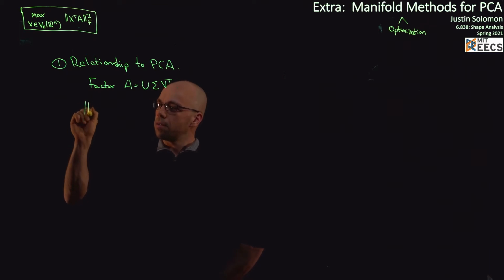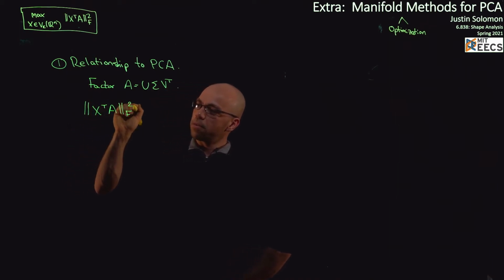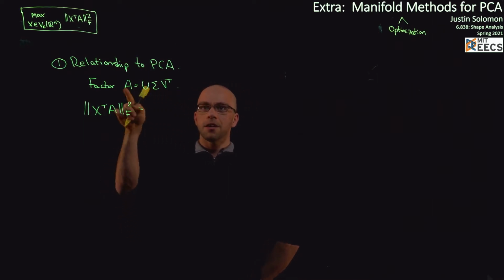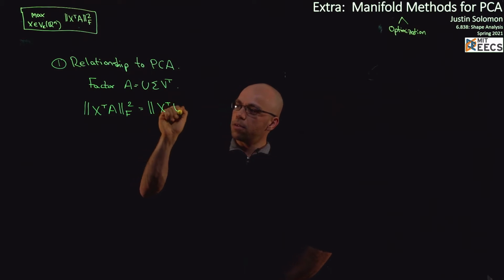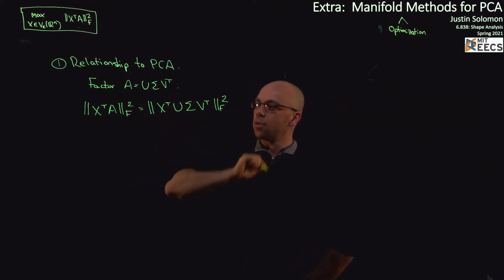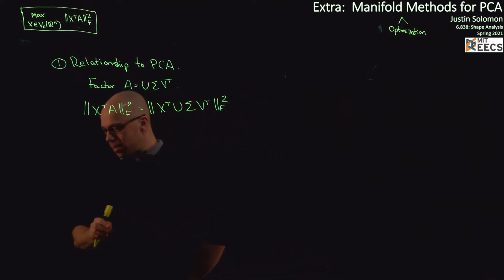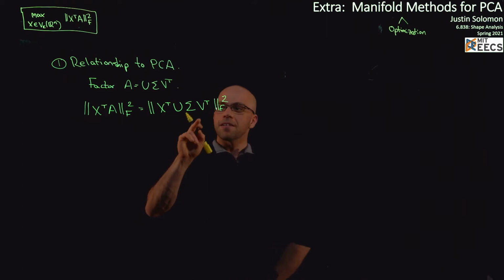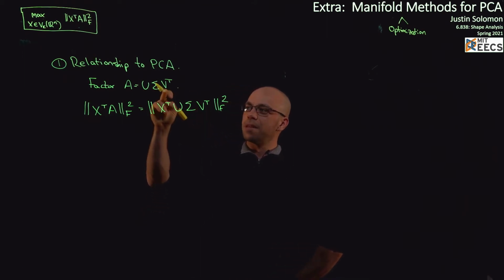Okay, so in particular, we have X transpose A, and we take the Frobenius norm squared. Now we can plug in our form for A, and what do we get? We get the Frobenius norm squared of X transpose U sigma V transpose. One useful property of the Frobenius norm, by the way, in our particular SVD, let's assume that V is square.